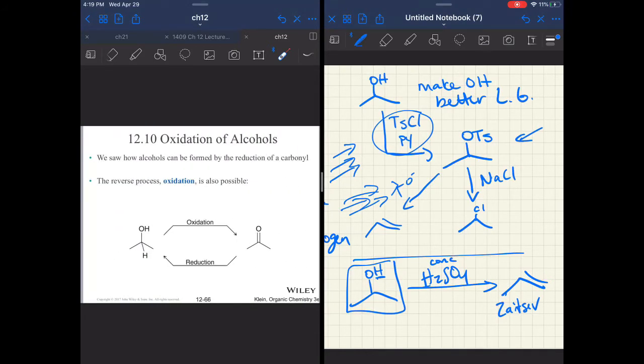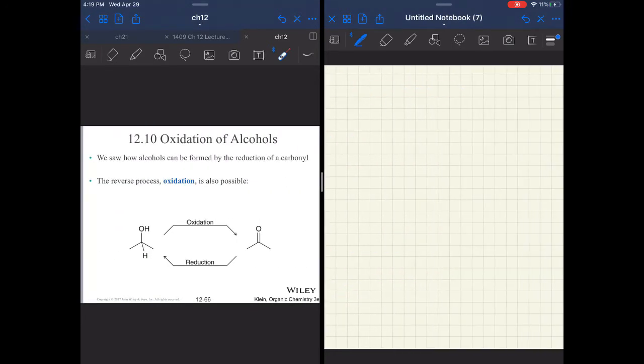All right. Now, we talked about reduction as a way to make an alcohol. So now let's go in reverse. We're going to talk about oxidation of alcohols to carbonyls, right? When we made the alcohols, we were reducing the number of bonds to oxygen, going from a double bond to a single bond.